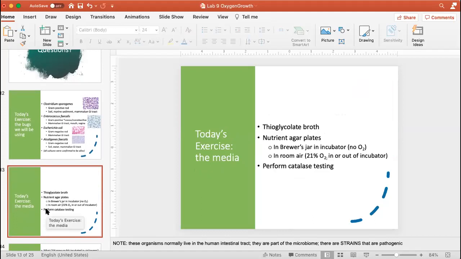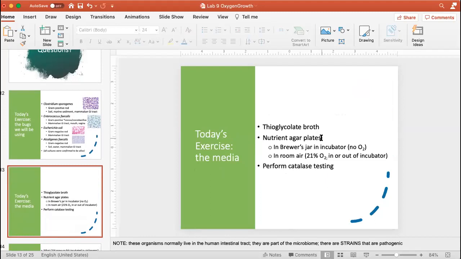Now, here's the media we're using. We're going to use the thioglycolate broth because we're going to be interested in determining what oxygen category these four organisms belong to. We're also going to use nutrient agar plates, a basal media.